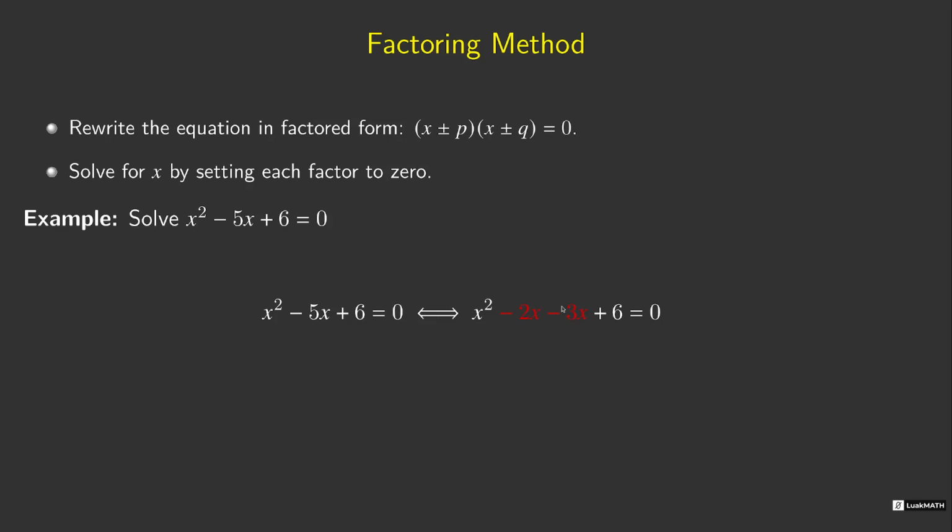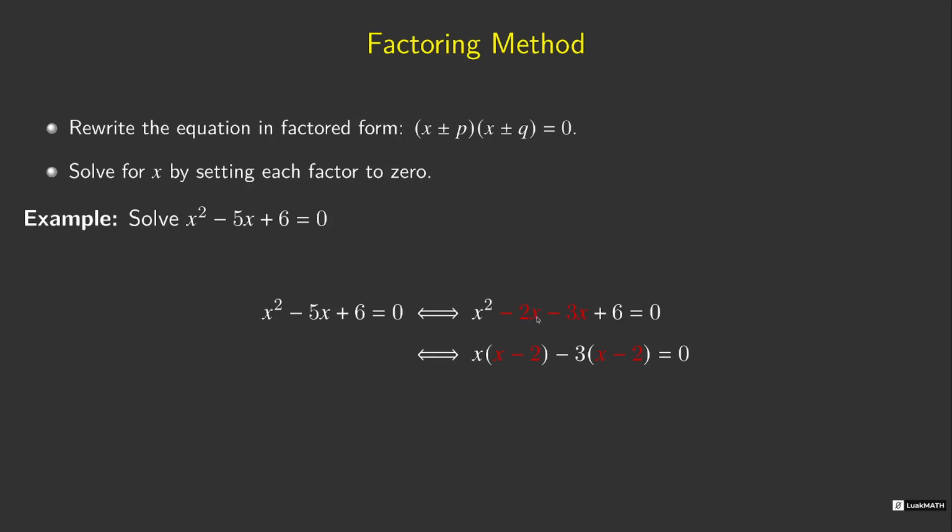That's all I did. Now, what I can do next, I can factor some stuff, and so that's what I did here. Look at the first two terms, x squared minus 2x. There's an x common in both of those two terms.